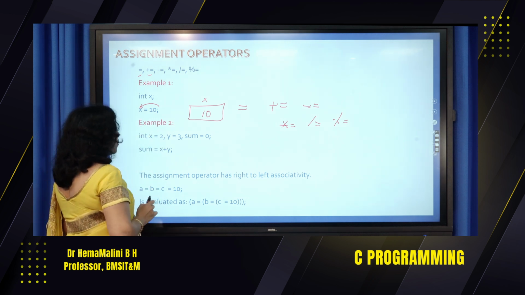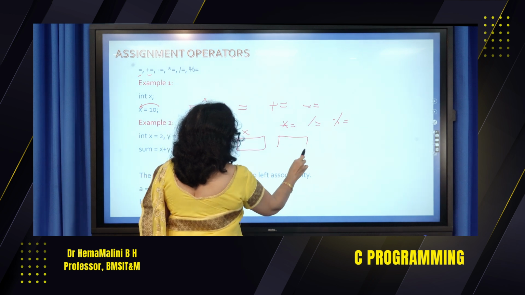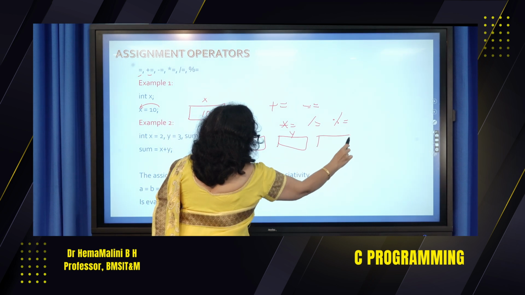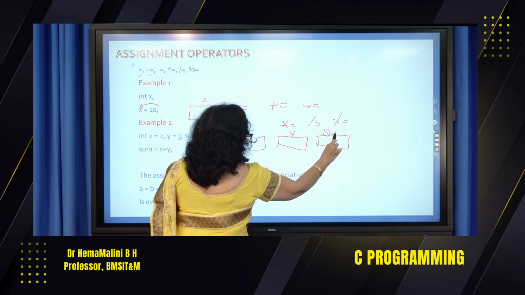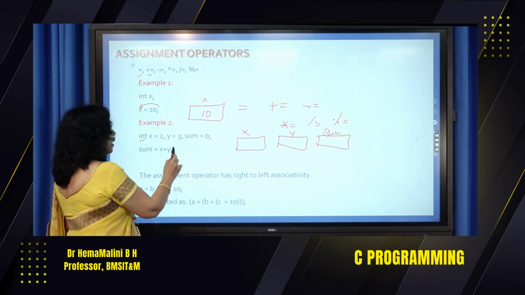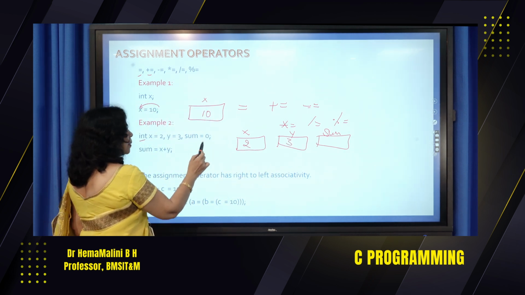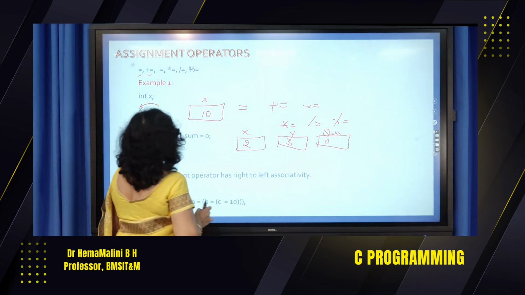Now let's see one more example. We have x, y, and sum, three variables of type integer. x is 2, y is 3, sum is initially 0.